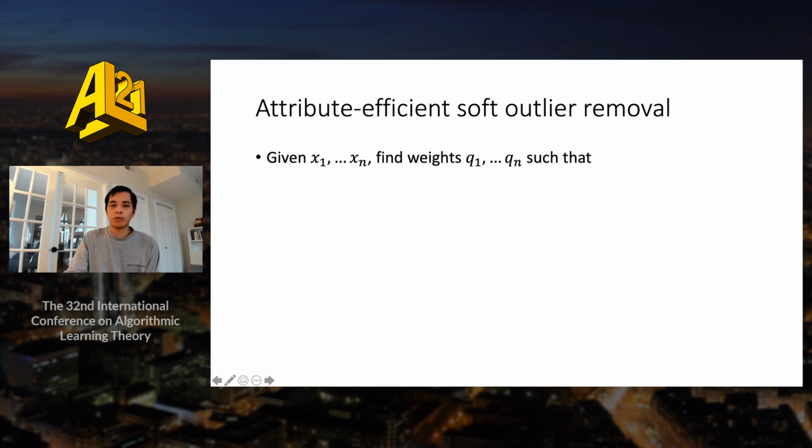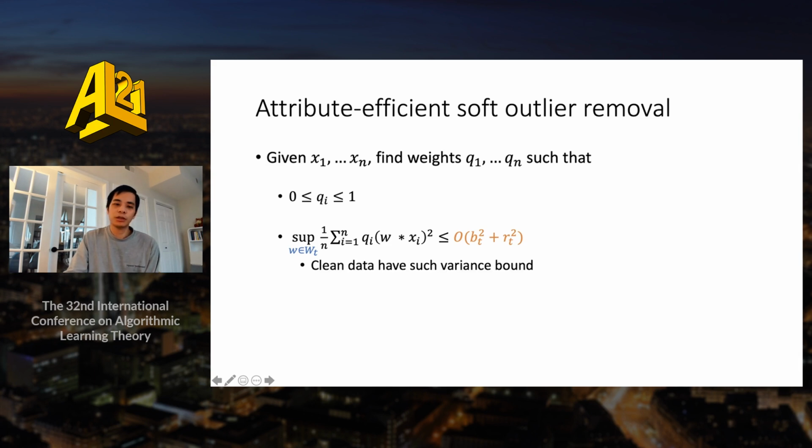So this is our attribute-efficient soft outlier removal procedure. We have unlabeled data x_1 through x_n, and we try to find weights q_1 through q_n for each point. Each q_i is between 0 and 1, and we hope that the weighted variance will be as small as b squared plus r squared. This follows from our analysis that clean data have such a variance bound.